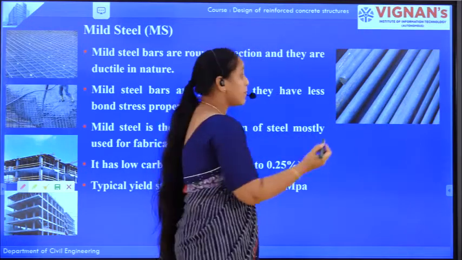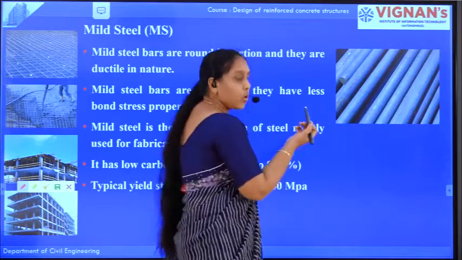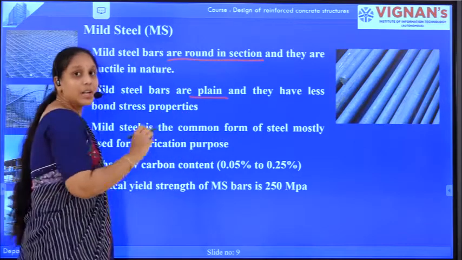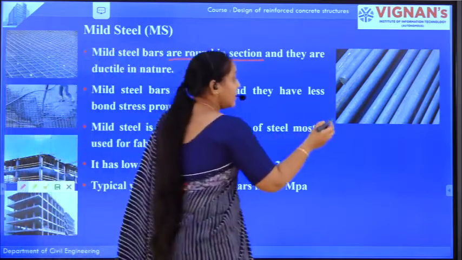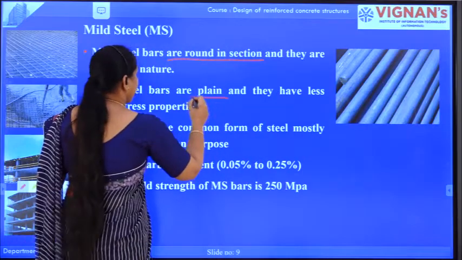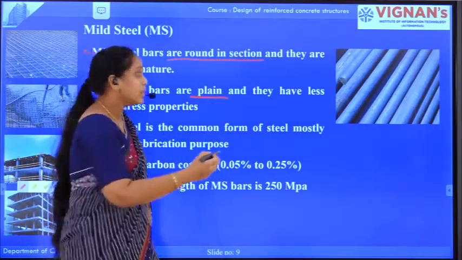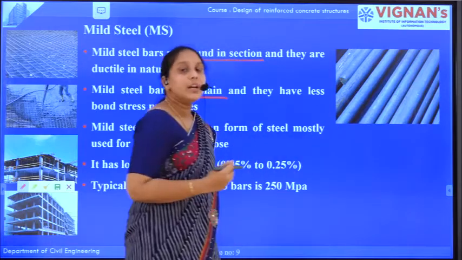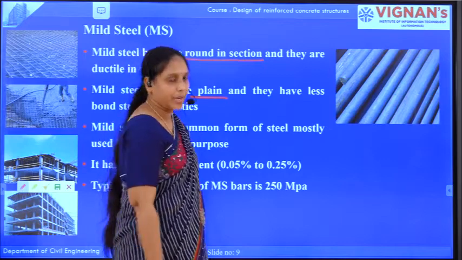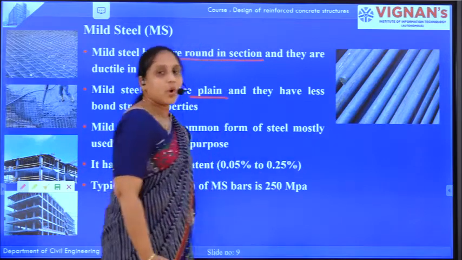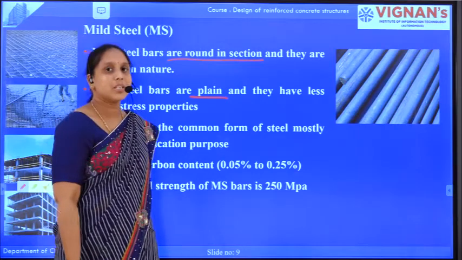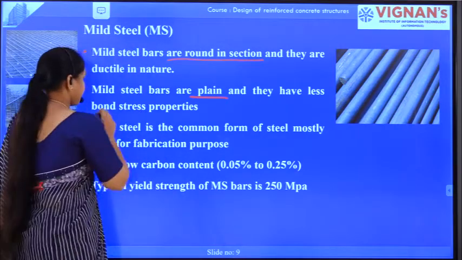The mild steel bars are generally round in section and they are plain, that is, the surface of the bars is plain. As the surface of the bars is plain, they have very less bond property with the concrete. So the bond property with the concrete for the plain bars or the mild steel bars is very less.